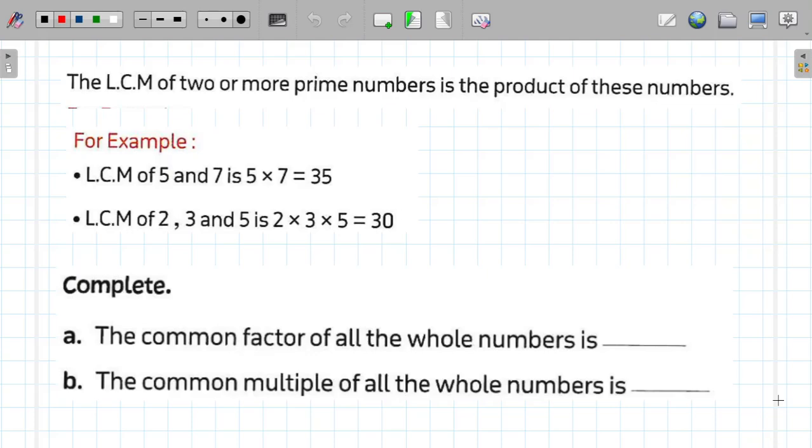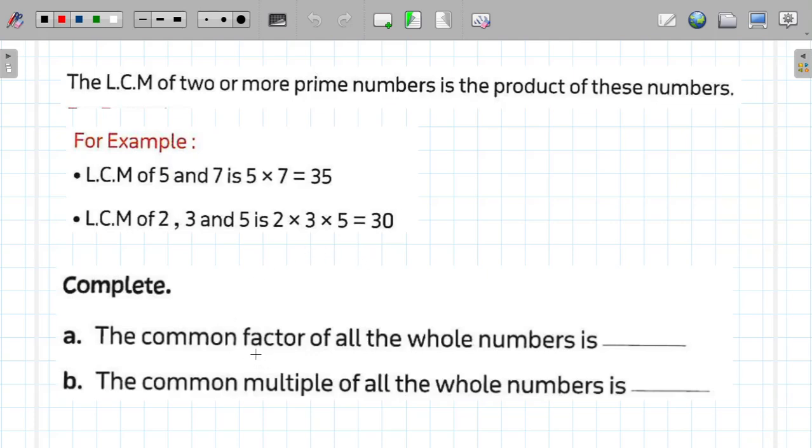If I have 2, 3, and 5, and I want to find the least common multiple, I will multiply 2 by 3 by 5. So it will be 30. So the least common multiple is 30. Okay? And I have two important remarks on this lesson and the previous lesson.